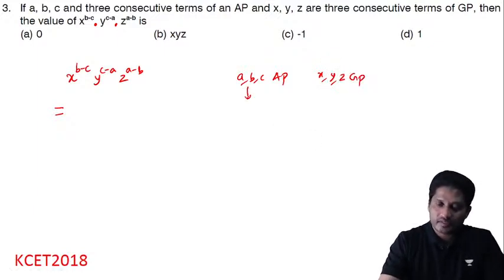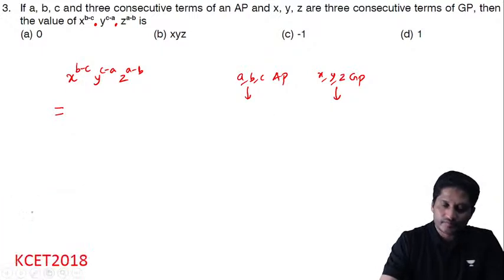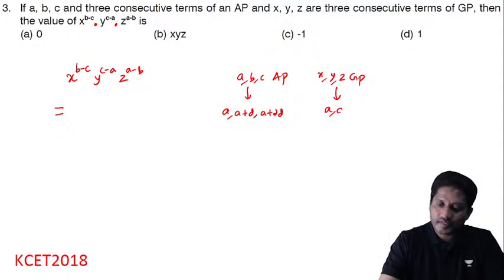This is in AP, so it is of the form A, A plus D, A plus 2D. X, Y, Z is in GP, so this is of the form A, AR and then AR square.